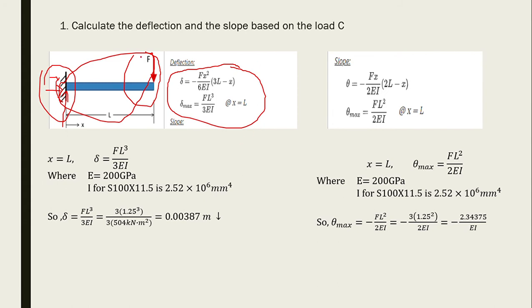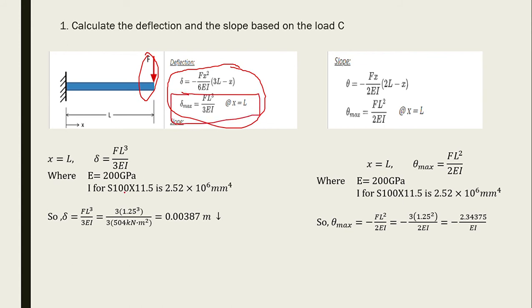That's on the boundary condition. In this condition, when x equals L, we want the deflection at the end. So we use this equation. We input the numbers into the equation, where E is 200 GPa for the beam, it is wide flange actually, and I is 2.62 times 10 to the power of 6 millimeter to the power of 4.